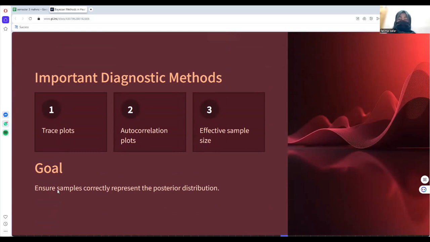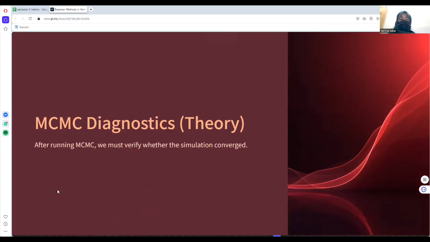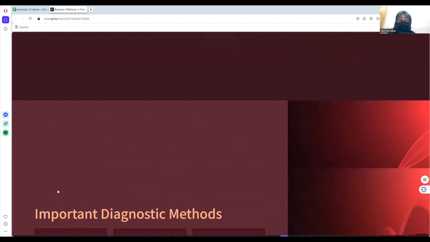Our goal is to ensure the samples correctly represent the posterior distribution.